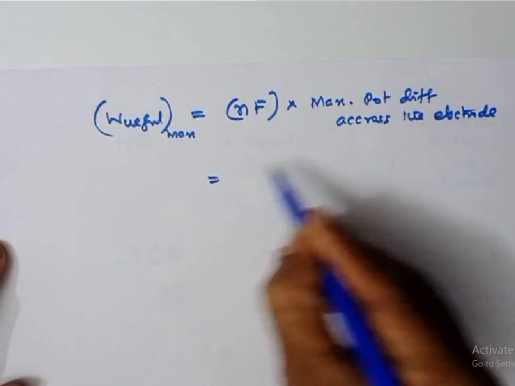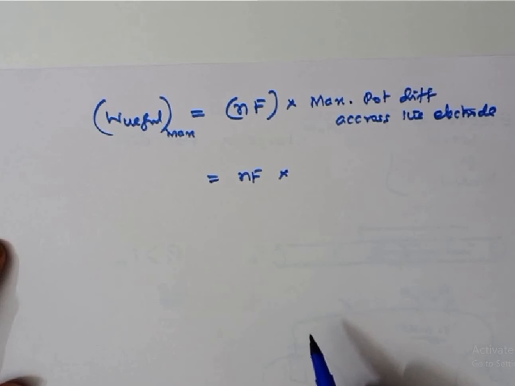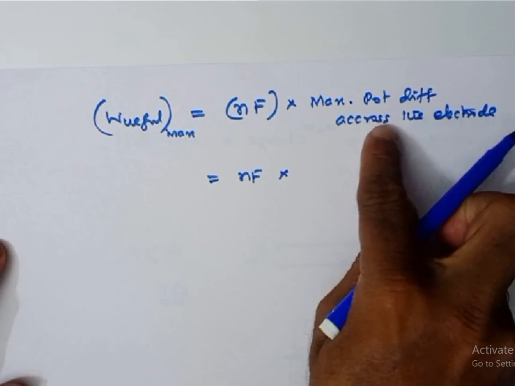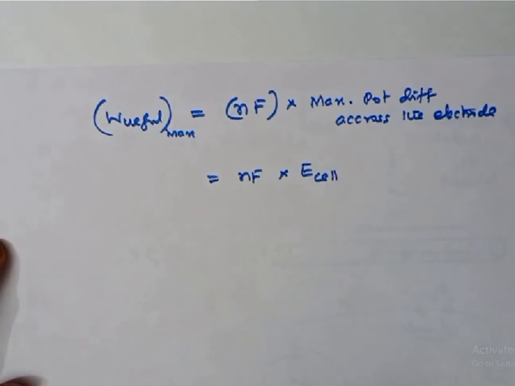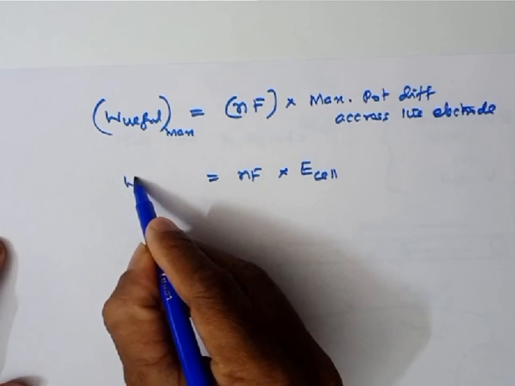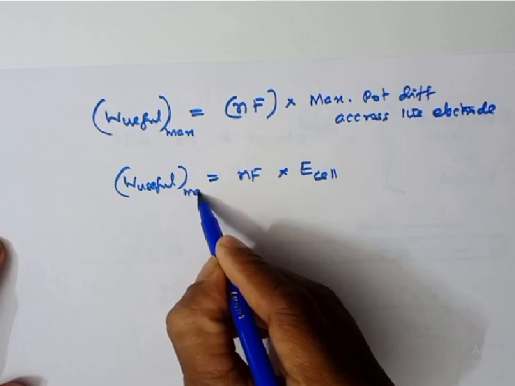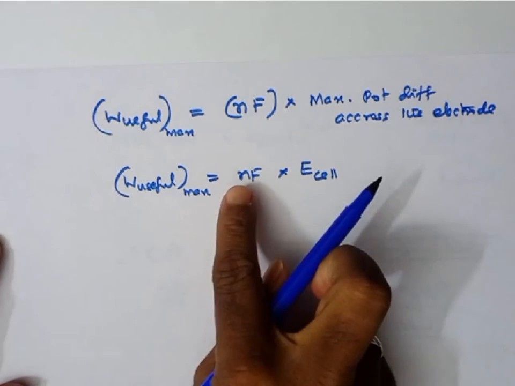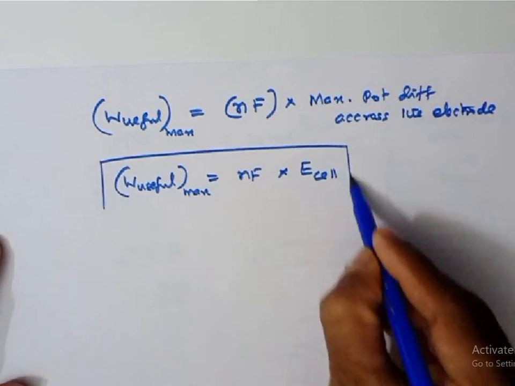Okay, and what is the maximum potential difference across the electrode, student? Can anyone tell me? Ecell, yeah. That is nothing but cell potential. So the maximum useful work obtainable from a cell is nothing but n into F into Ecell. This we know.